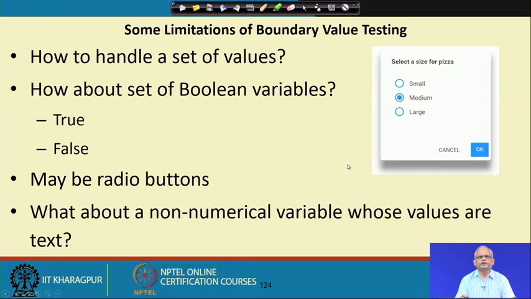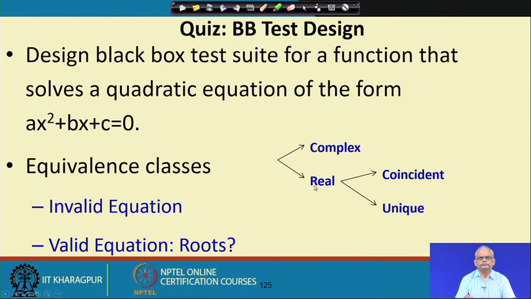Here also we do not have boundary for this, cannot be defined. What about a non-numerical parameter, let us say character string? Again, it is hard to define boundaries for that.